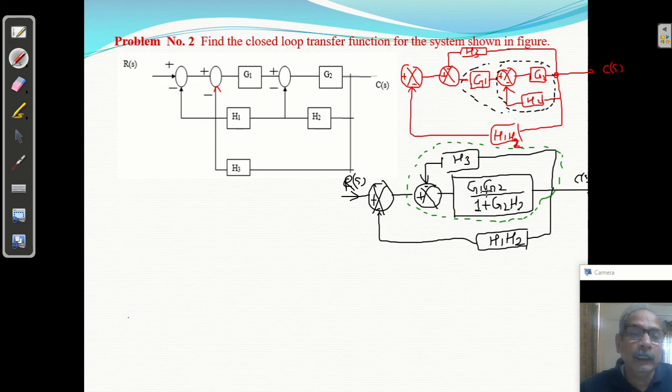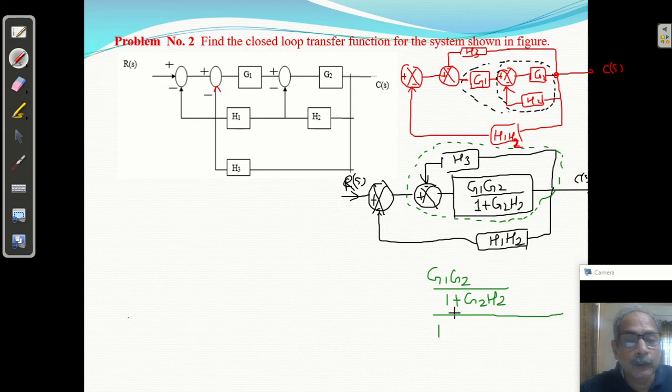GS upon 1, it is a negative feedback, so GS upon 1 plus GS HS. This is HS. So what will come? GS means G1 G2 upon 1 plus G2 H2.